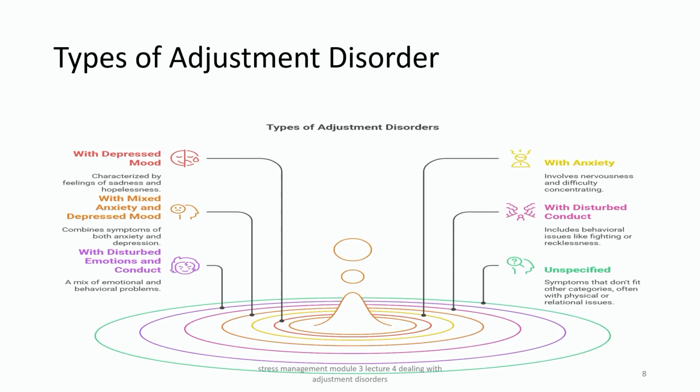Then there is a mixed type where emotional disturbances are found along with the conduct related problems. And finally, the unspecified category, which may include symptoms from any or some of the categories described above.